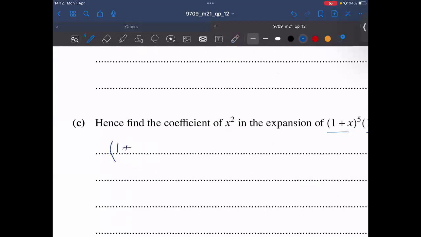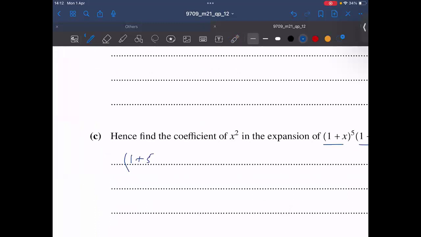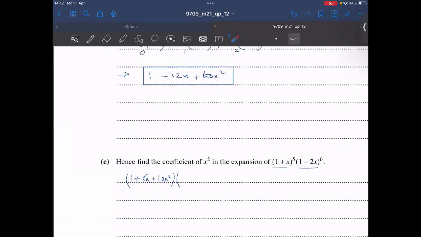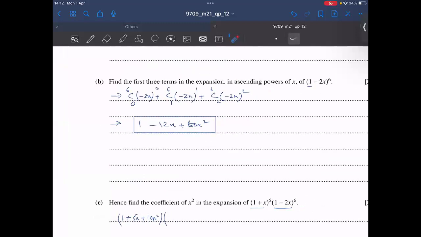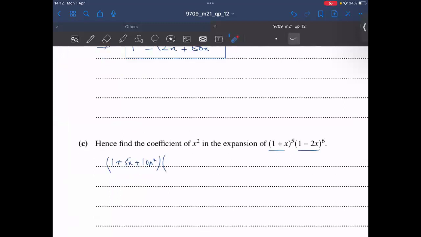That is 1 plus 5x plus 10x square. So I have replaced this bracket with its first three terms. I'm going to replace this bracket with the first three terms we found in part B, that is 1 minus 12x plus 60x square.